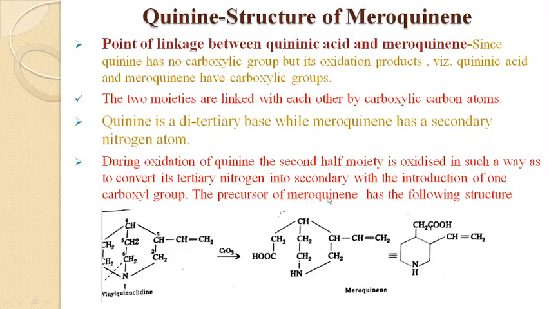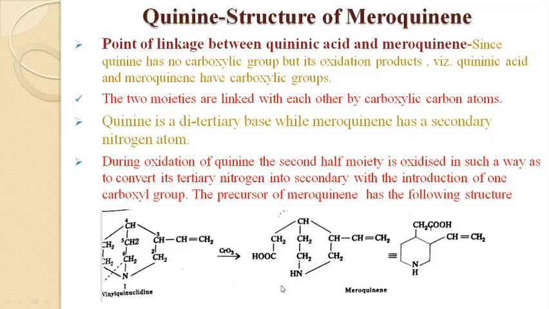So the precursor of meroquinone has the following structure. This is the vinyl quinuclidine structure, which is the precursor of meroquinone. On chromic acid oxidation, cleavage takes place here.